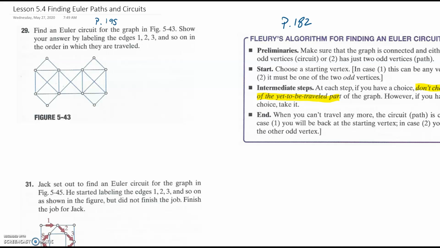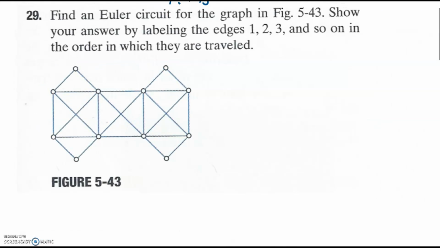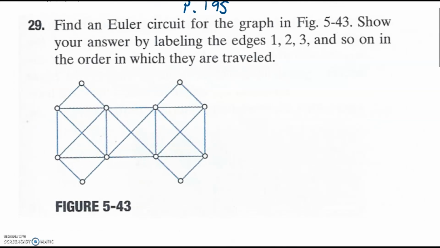Okay, so the first thing I'm going to do is, and you shouldn't really have to do this every single time, but if you're having trouble deciding where to start, the first thing you should do is label the vertices with their degree. So here we have a degree 2, degree 2, degree 4, degree 6, degree 6, degree 4.